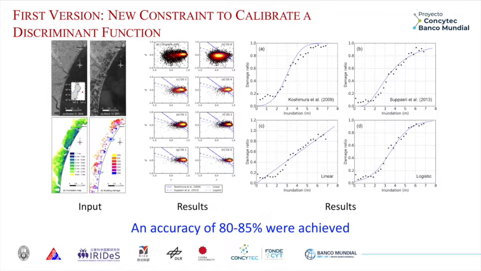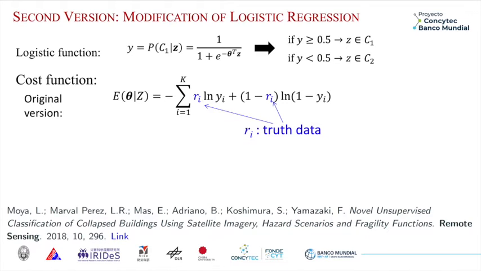As I mentioned, it's at the same level as traditional methods. And in our second stage, we wanted to improve our algorithms, the way we calibrate these functions. So we adapted a very popular machine learning algorithm, logistic regression, in which we include information of the fragility curves.